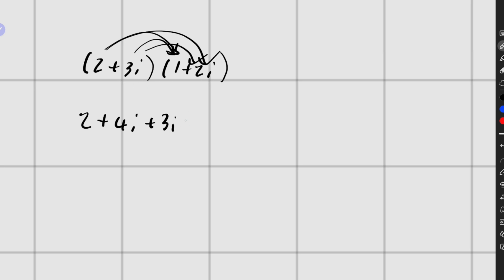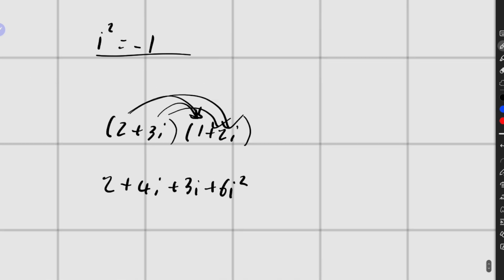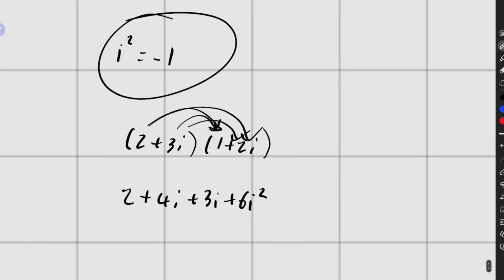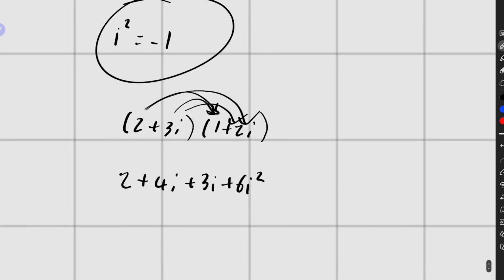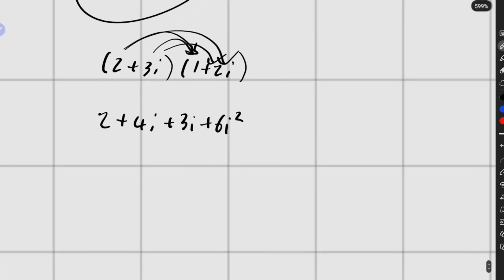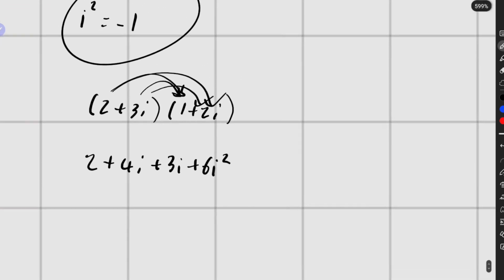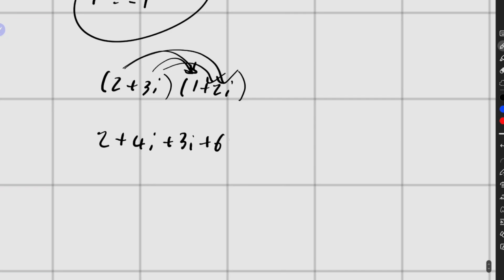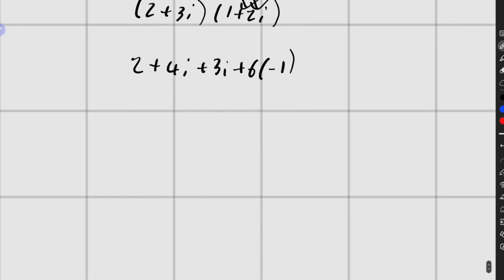So it's just a simple pattern. So 3i times 2i is going to be 6i squared. Now, this is why this is important, that you need to know your identities with imaginary numbers. Because if i squared equals -1, this isn't 6i squared, this is 6 times -1. This is what that represents. So what's 6 times -1?